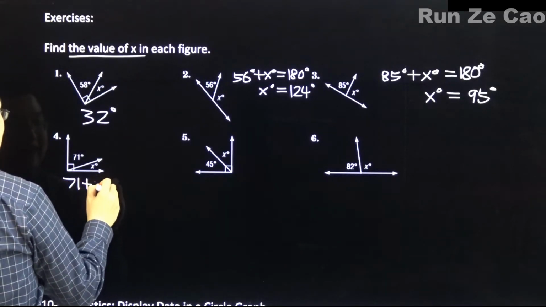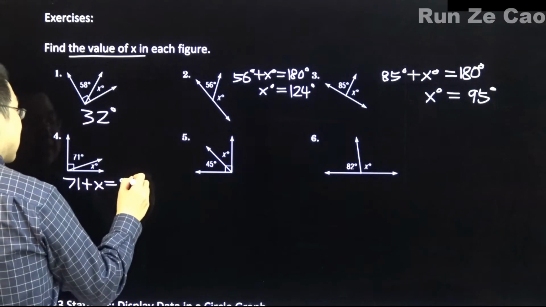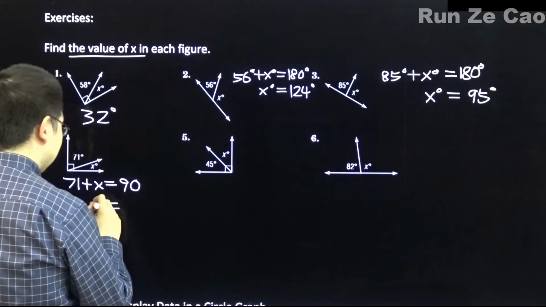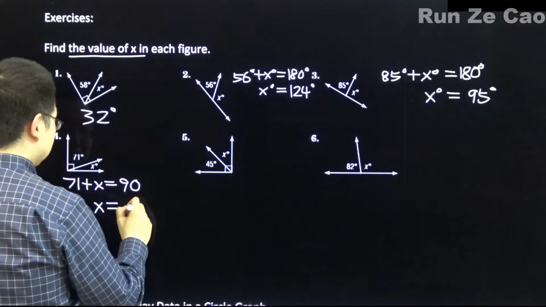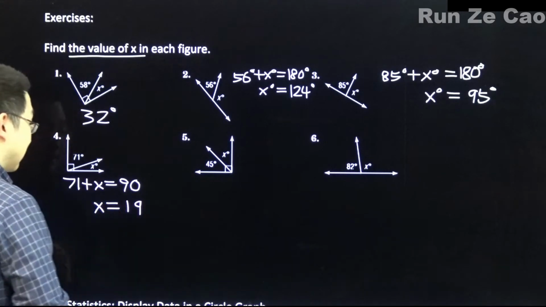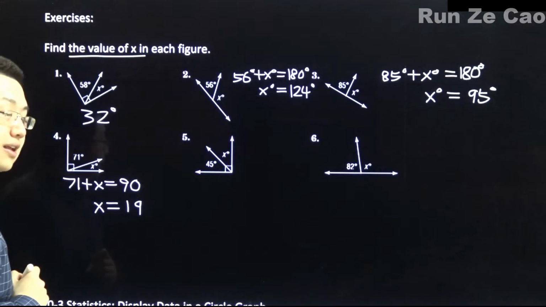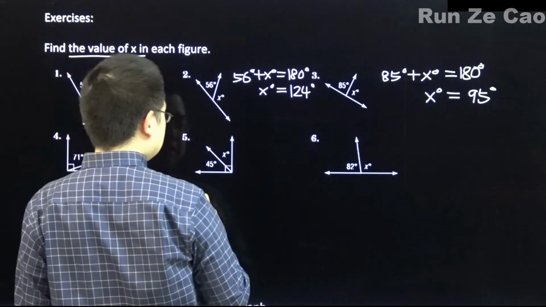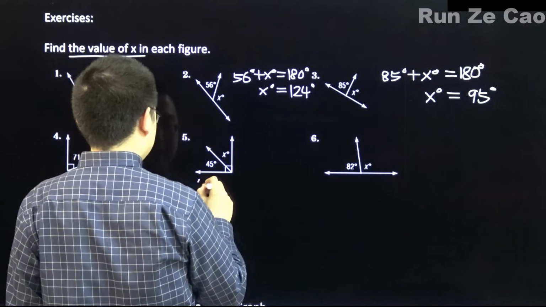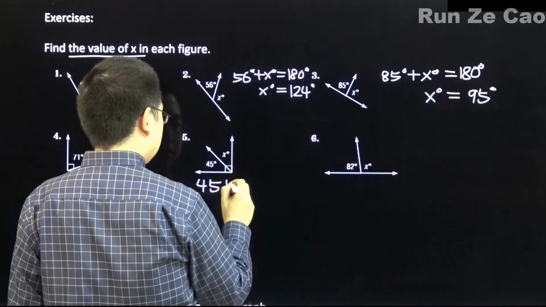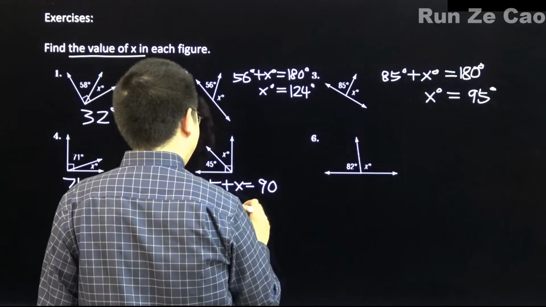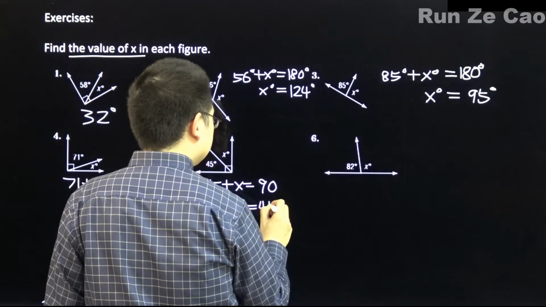71 plus x equals 90. We can omit the degree symbols. Gasp. Okay, so x equals 19. Yeah. So here, 45 plus x equals 90, x equals 45.